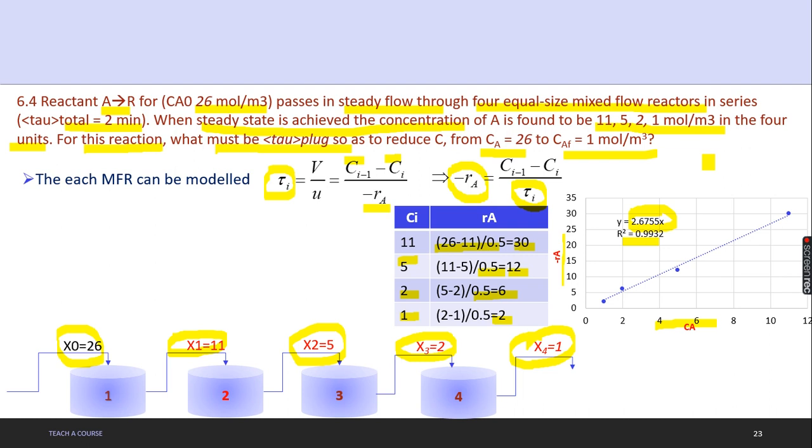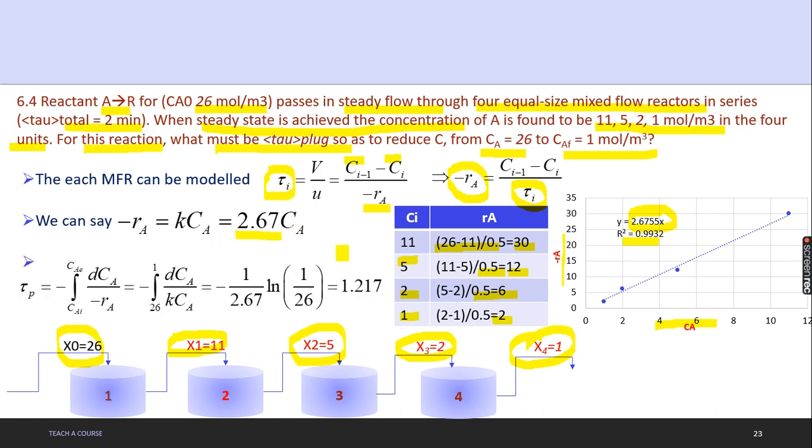Now we come to our original problem, which is a plug flow reactor. We already discussed that the rate expression is 2.67 into Ca. For plug flow, tau p is the integral from Ca initial to Ca final of dCa by minus Ra.